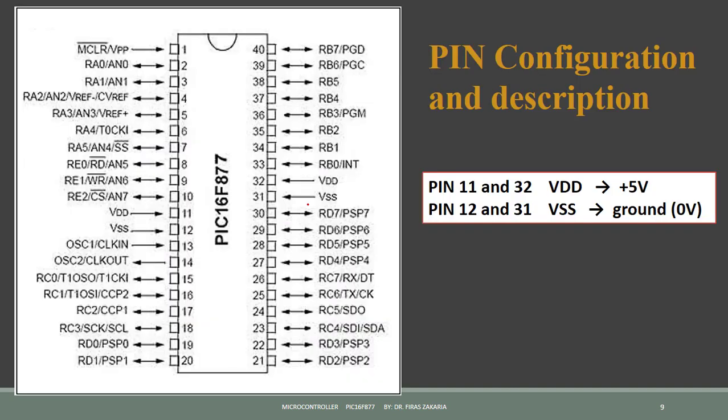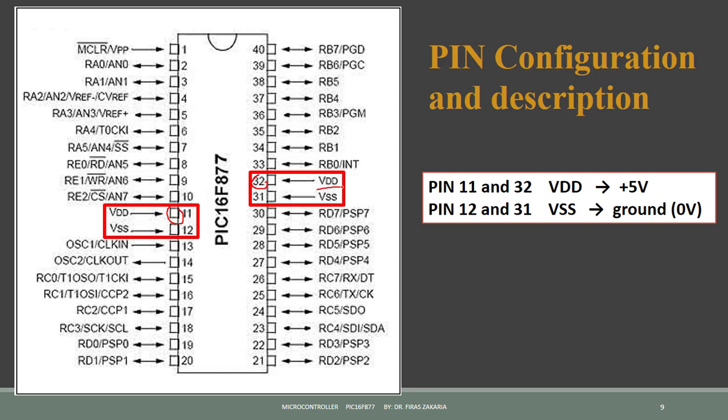We will see the pin configuration of the PIC16F877 in this slide. As it has been mentioned before, there are 40 pins in this microcontroller chip. We start with pin number 11 and 32. So pin 11 and pin 32, they represent the VDD.